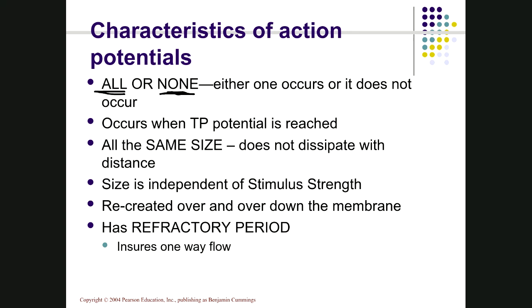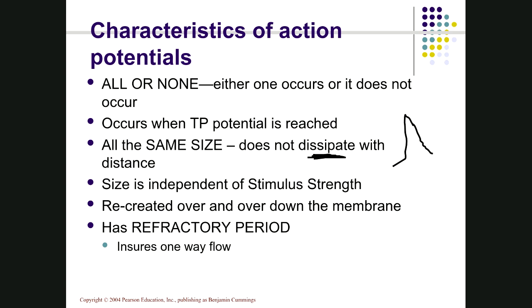When you get them, they're all the same size. Every one of them goes up to plus 30, and that's it. That's exactly what they do. So when you draw them, they're always exactly the same. Another thing is they don't dissipate. They don't get smaller. They're all to plus 30.